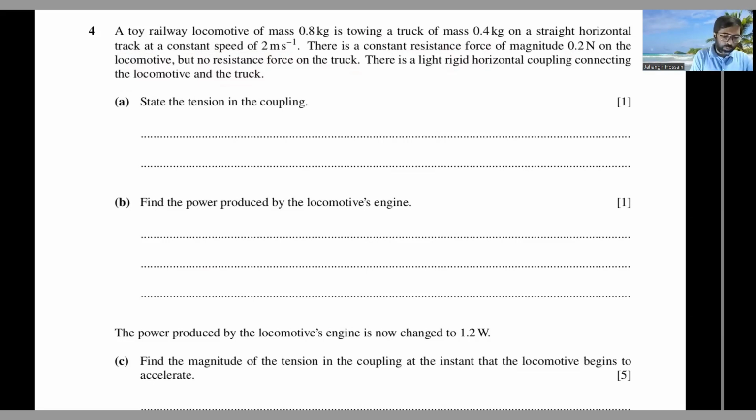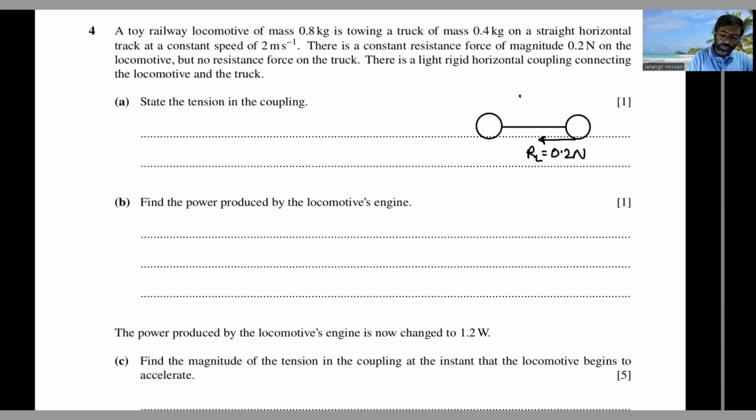Now, let's see the situation on a rough diagram first. The locomotive and the truck are both modeled as particles. They're connected by a light, rigid horizontal coupling, and there is resistance on the locomotive of 0.2 Newton.